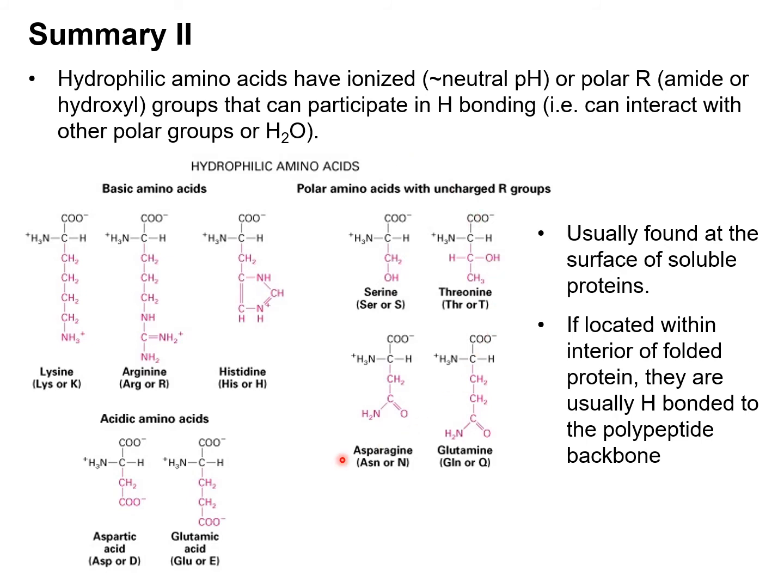So the examples of hydrophilic amino acids are here, including basic and acidic amino acids, as well as polar uncharged amino acids. And they are usually found at the surface of soluble proteins, and if they are located within the interior of folded proteins, they are usually hydrogen bonded to the polypeptide backbone or some other polar amino acids.